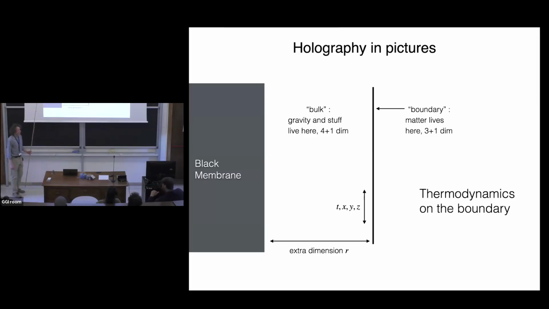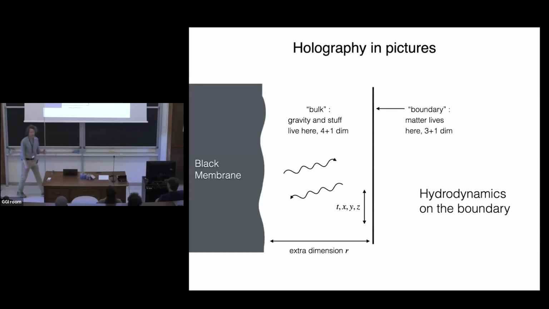And the idea of holography is that black hole thermodynamics, worked out in the 1970s by Bardeen, Carter, and Hawking, and later by others, is supposed to describe the thermodynamics of the quantum field theory that lives on the boundary. If you want to do hydrodynamics, you look at perturbations of this membrane, and you will have things like gravitational waves propagating in the bulk to the boundary.